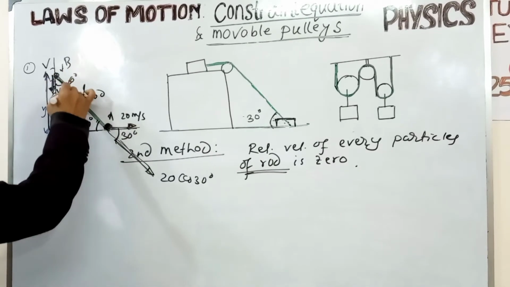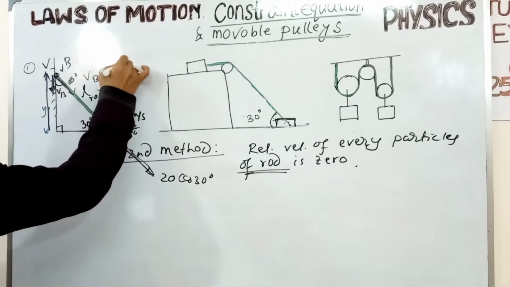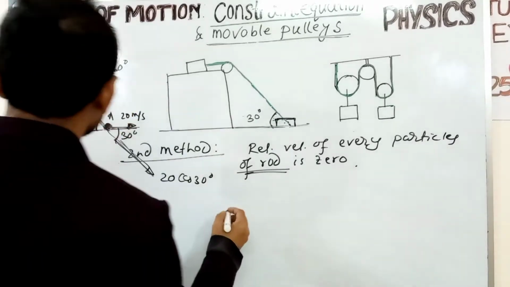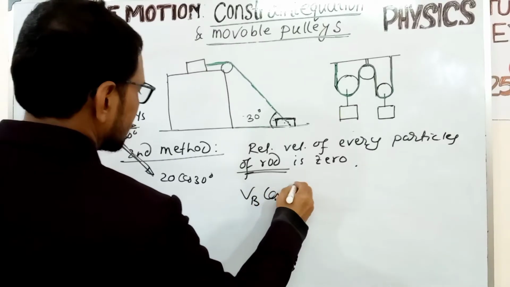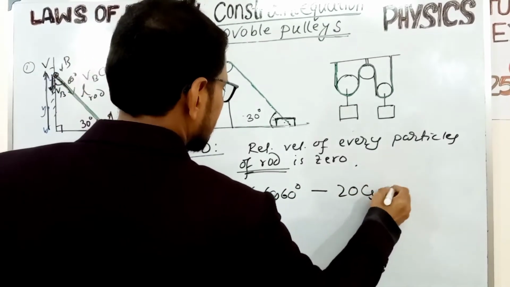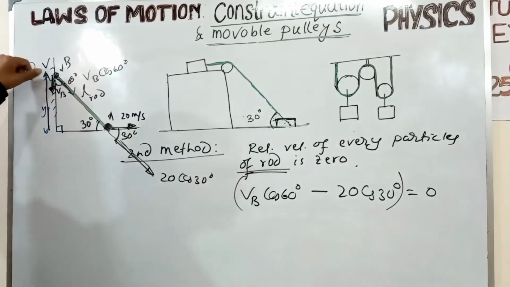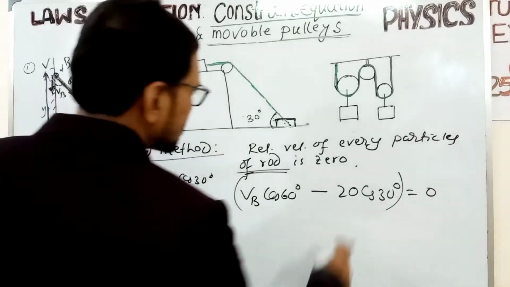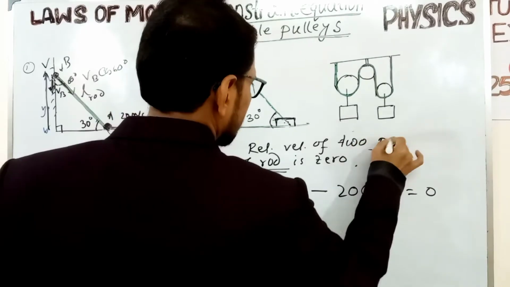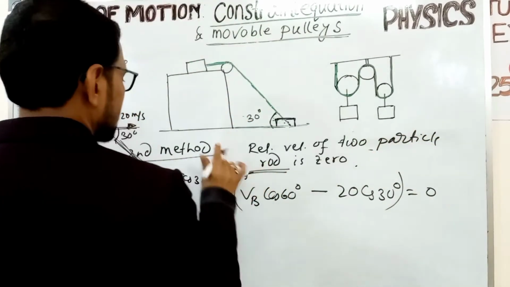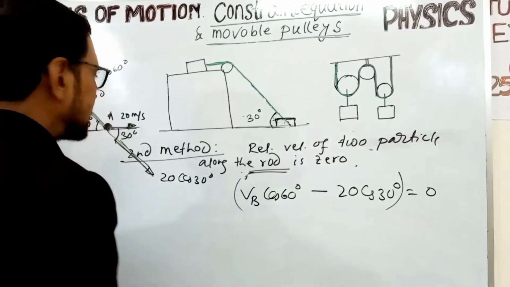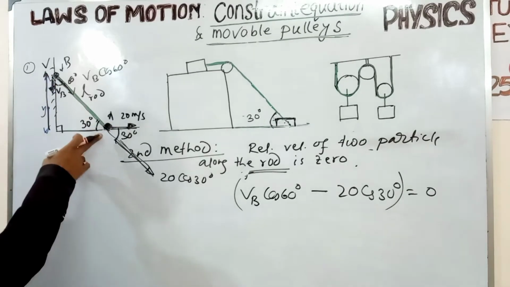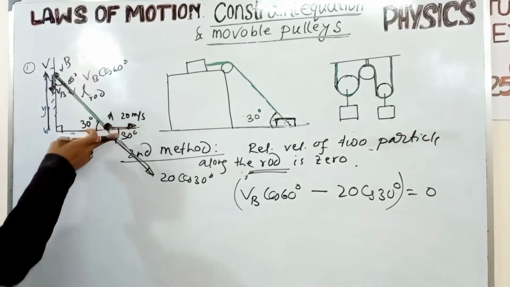So along the rod the component is VB cos 60 degrees. The relative velocity of the two points along the rod is 0, that is VB cos 60 degrees minus 20 cos 30 degrees equal to 0.